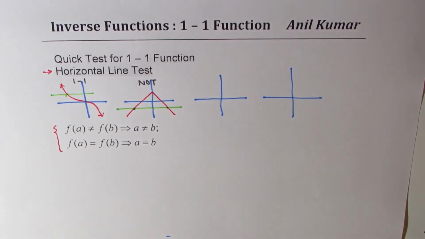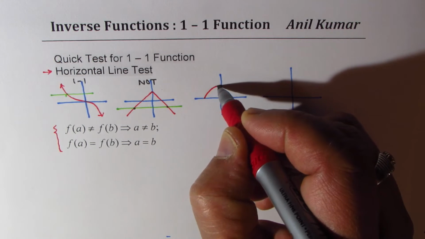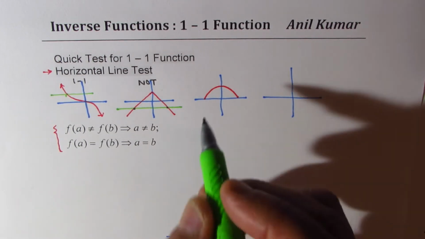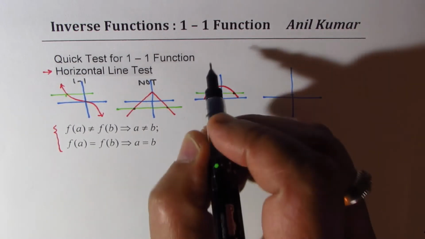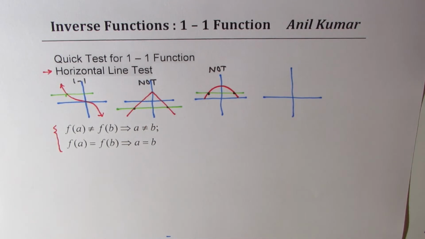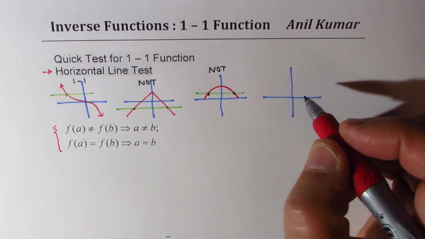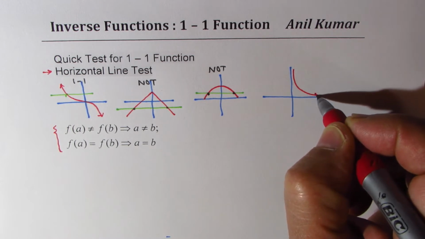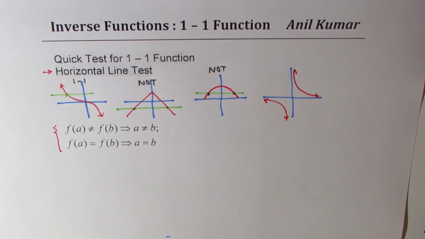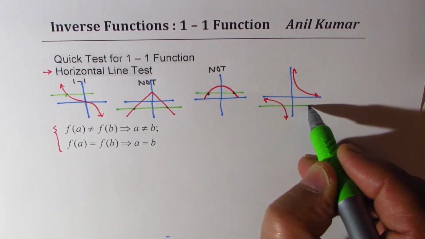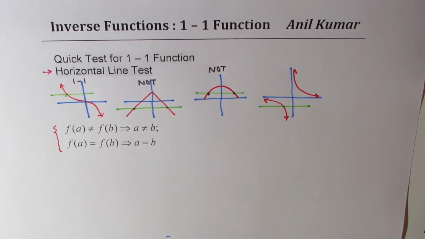Is it okay? So that is the kind of test which we could do. A semicircle, for example, if I draw a horizontal line, it will intersect at 2 points, and therefore it is again not a one-to-one function. If I have a function which is, let's say, 1 over x, in that case, any horizontal line only intersects at one point.